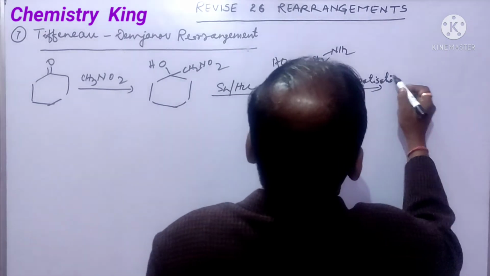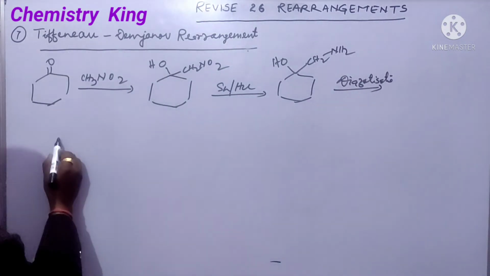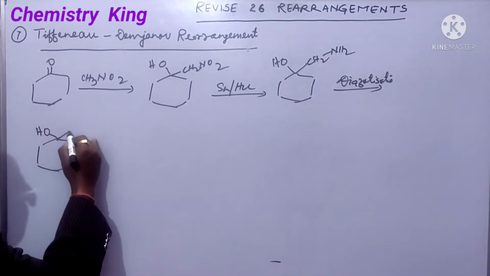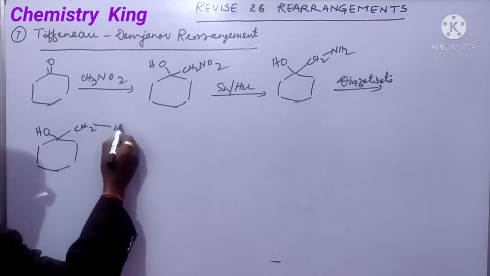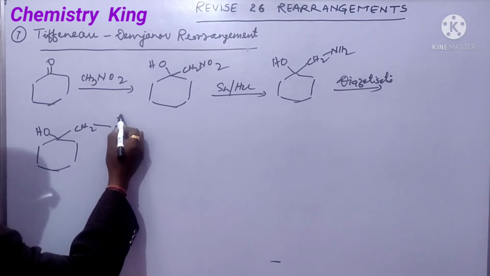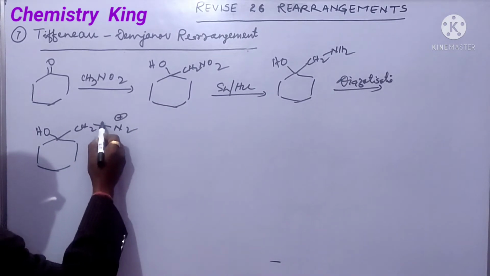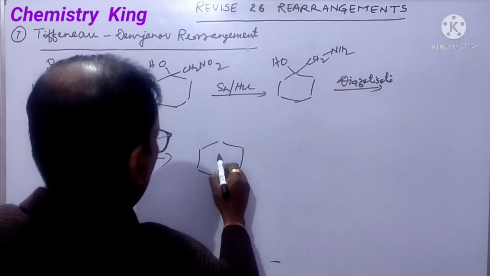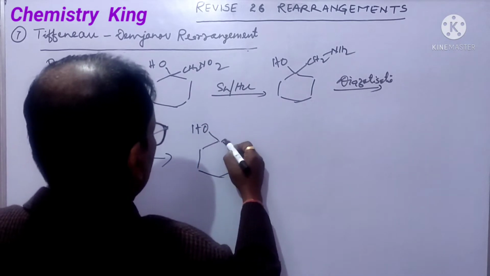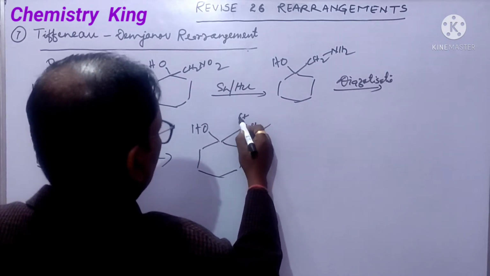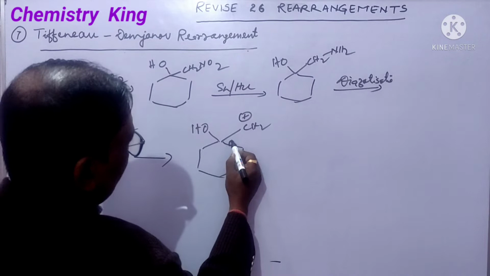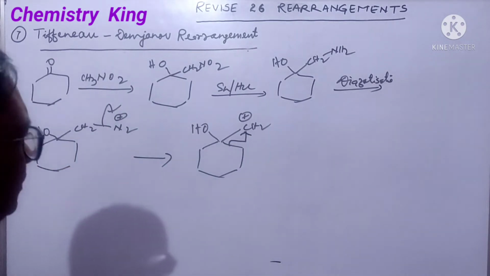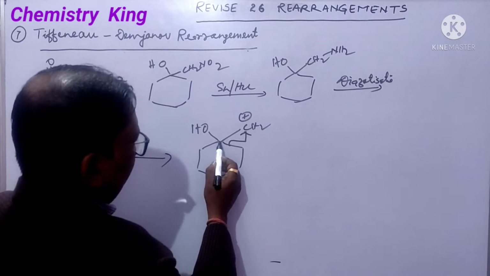When it is diazotized, you will get OH, CH2N2 plus, diazonium salt. This nitrogen gas is eliminated from here and you will get CH2 plus. Now this bond will break and gets attached with this carbon and positive charge will be developed here.